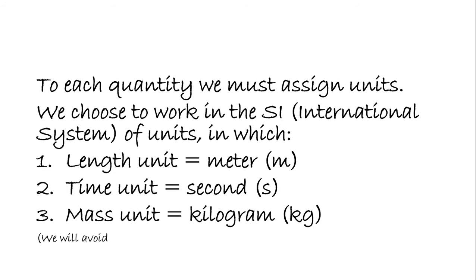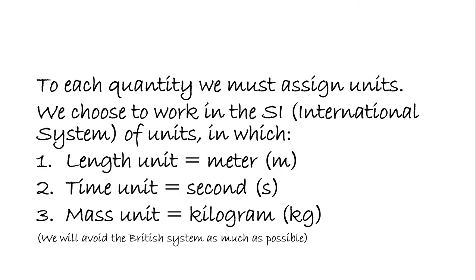Now, I should mention that there's also the so-called British system, which is the system of units we use in the US. But we will try to avoid the British system as much as possible because, in my opinion, and I hope no one takes this personally, the British system is a very primitive way of defining units.